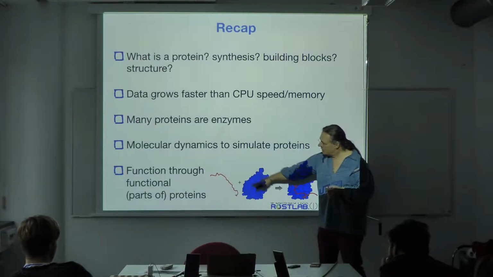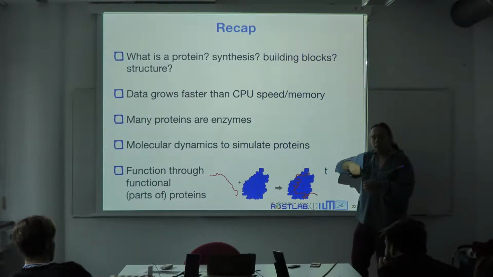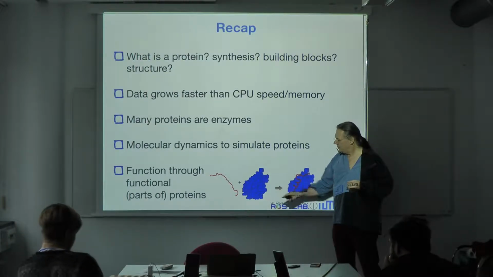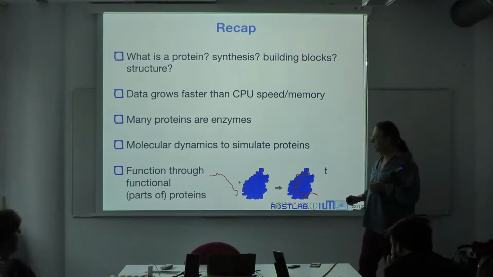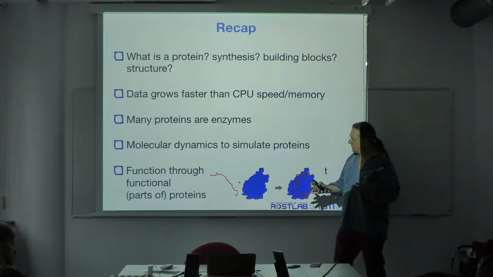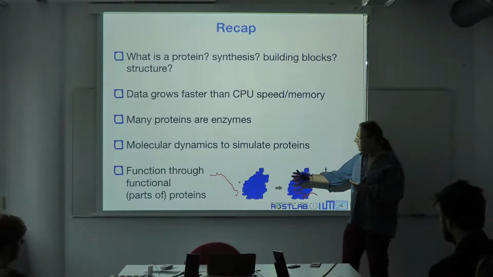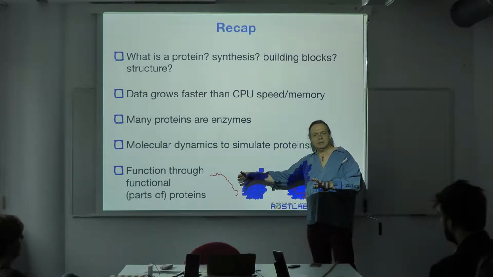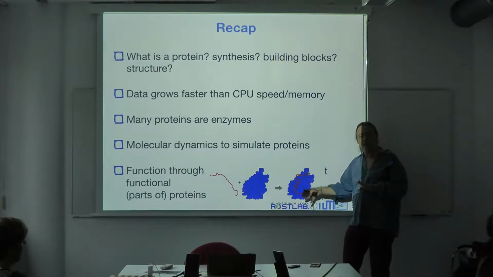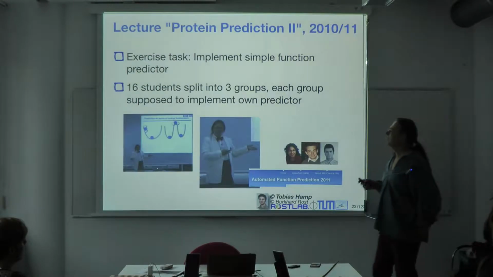An example is here: the region in red, upon binding, adopts a completely different three-dimensional structure than at this point. This kind of thing is called disorder, because if you showed light at it at two different times, which we cannot do, it's a Gedanken experiment, you would see two different things. Looking at it at two different time points here, you see the same. So upon binding, it adopts a unique three-dimensional structure.